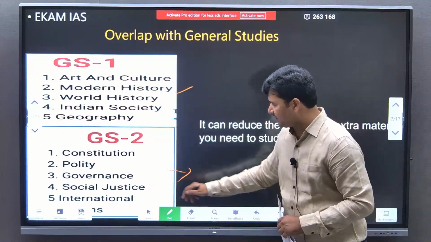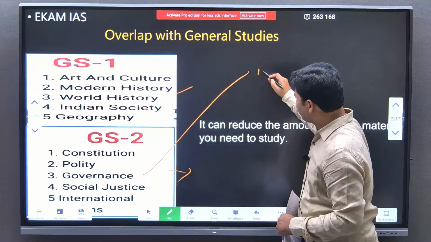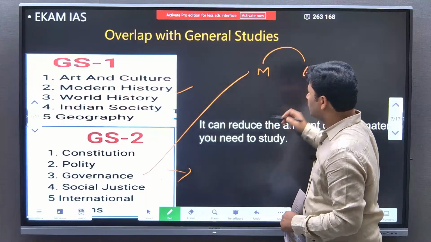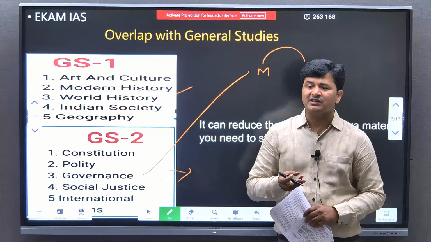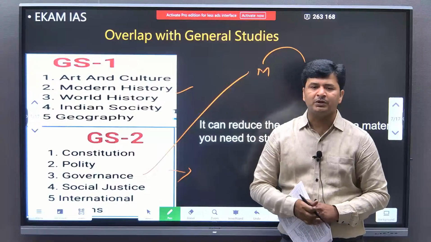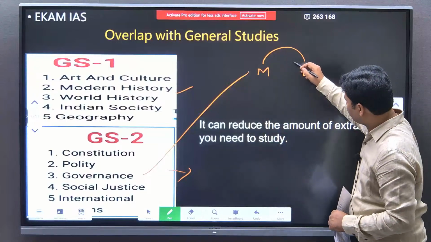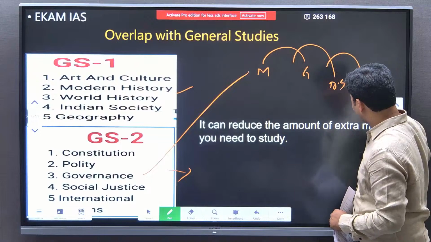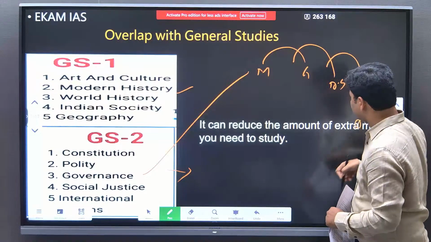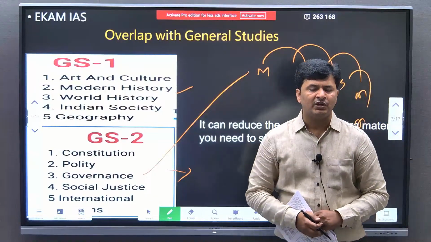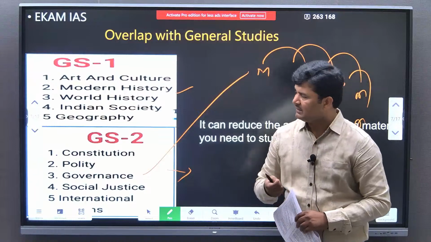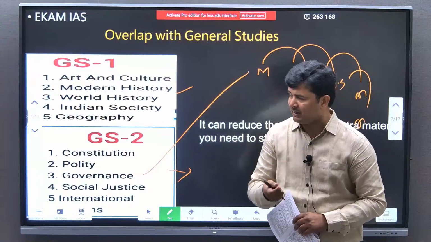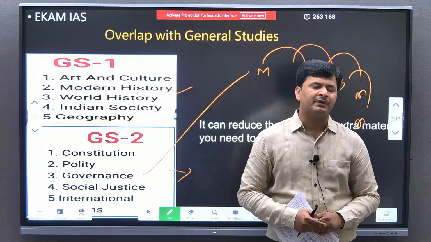Then how about governance? When it comes to governance, we have Mauryan polity and Gupta polity. What is the nature of Mauryan polity? What is the nature of Gupta polity? And how do they differ from the Sultans of Delhi, the Mughals, the Marathas? With the background of history you can better write the respective paper.